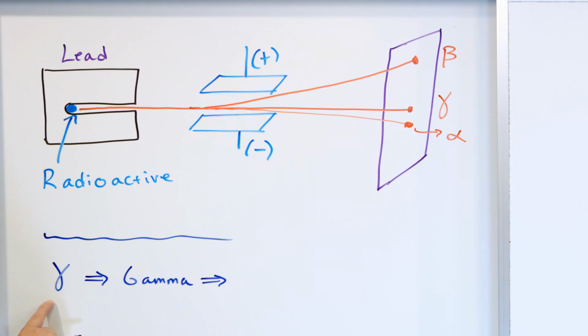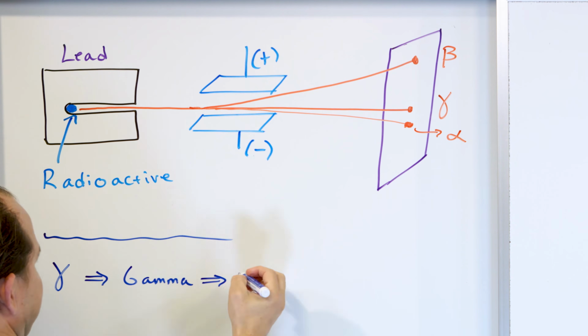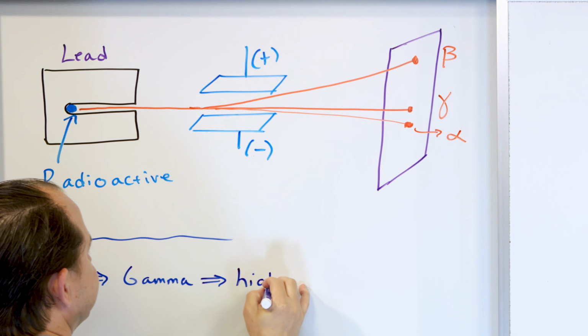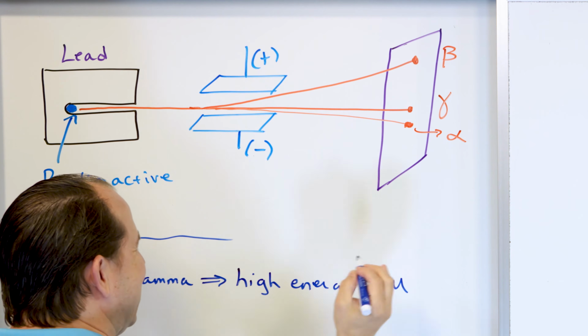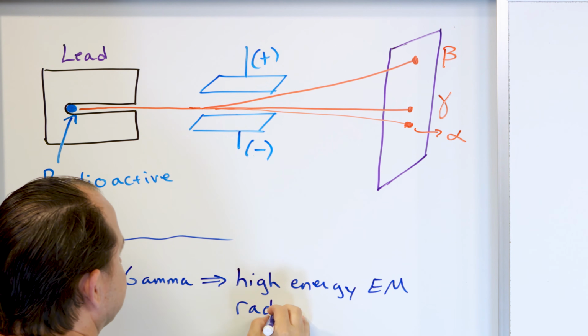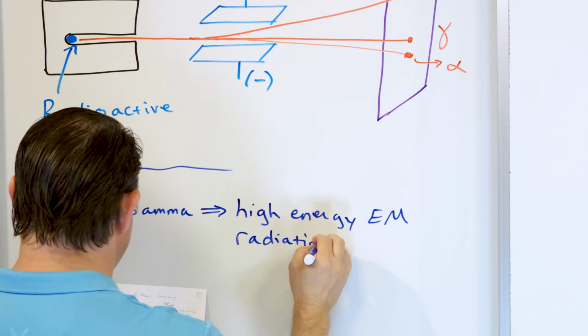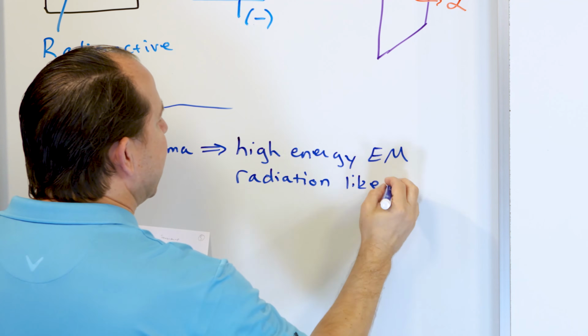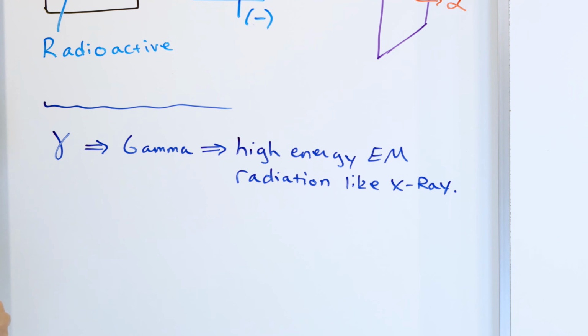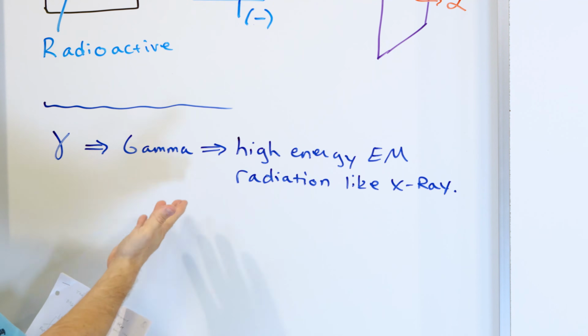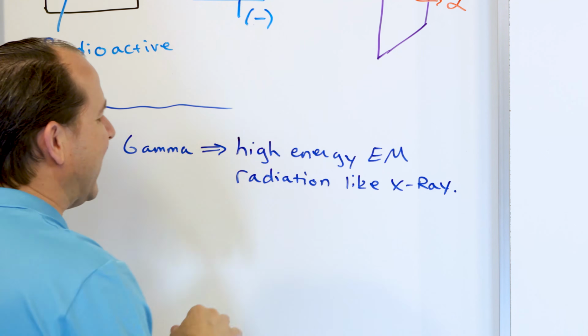But for now, just know that gamma, I may call it a particle, but it's actually more closely related to high energy electromagnetic, that's EM radiation. Like an X-ray. It's like an X-ray, except it's even higher energy than an X-ray. So this, even though you can think of it being a stream of particles, it more closely resembles a wave, a high energy wave that looks more like an X-ray.